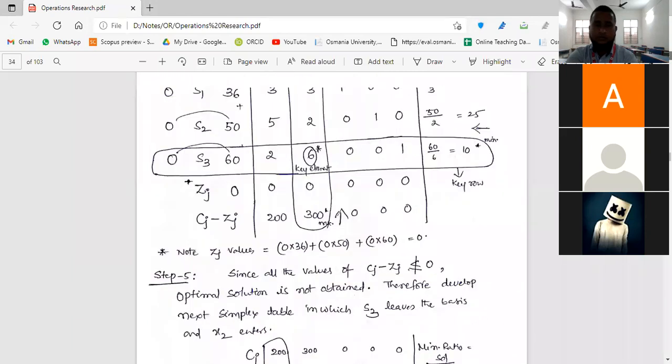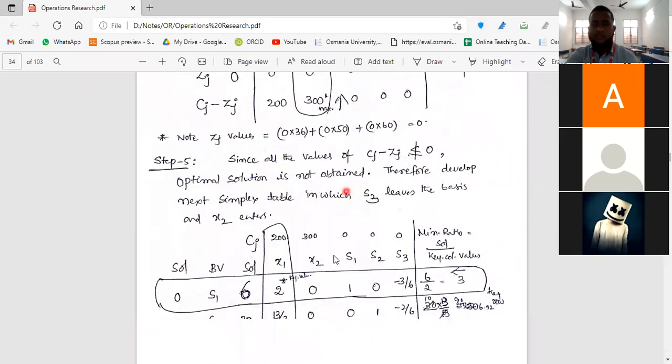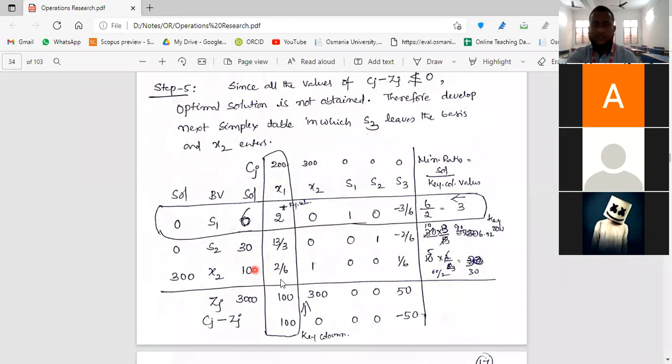So 60 by 6, 2 by 6, 6 by 6, and so on, where 6 is the key element. 60 by 6 means 10, 2 by 6 you can put here, 6 by 6 means 1, 0, 0, and 1 by 6. So you got all these 5 values.